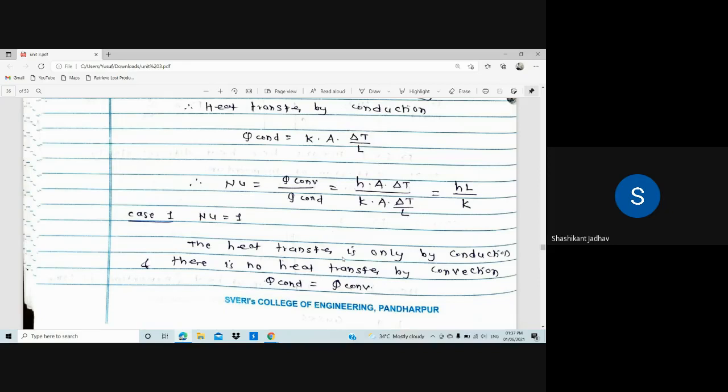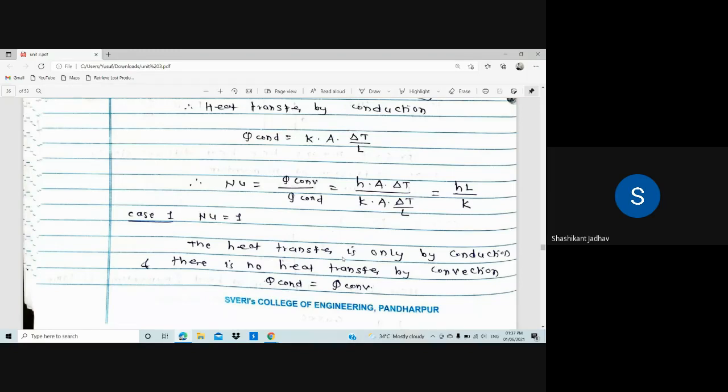So all of you write down the significance. Case 1, Nusselt number is equal to 1. The heat transfer is only by conduction and there is no heat transfer by convection.